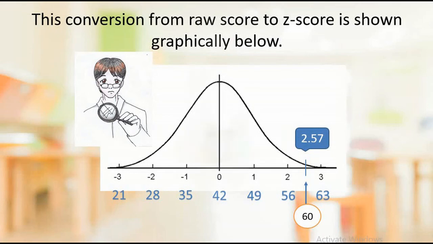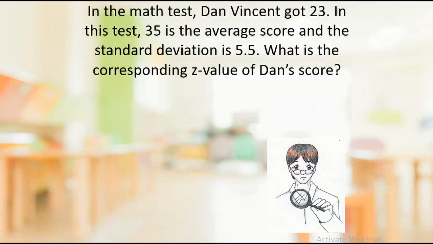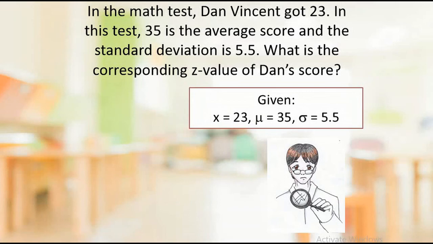In the math test, Dan Vincent got 23. In this test, 35 is the average score and the standard deviation is 5.5. What is the corresponding z-value of Dan's score? So given x is equal to 23, mu or mean is 35, and sigma or the standard deviation is 5.5.